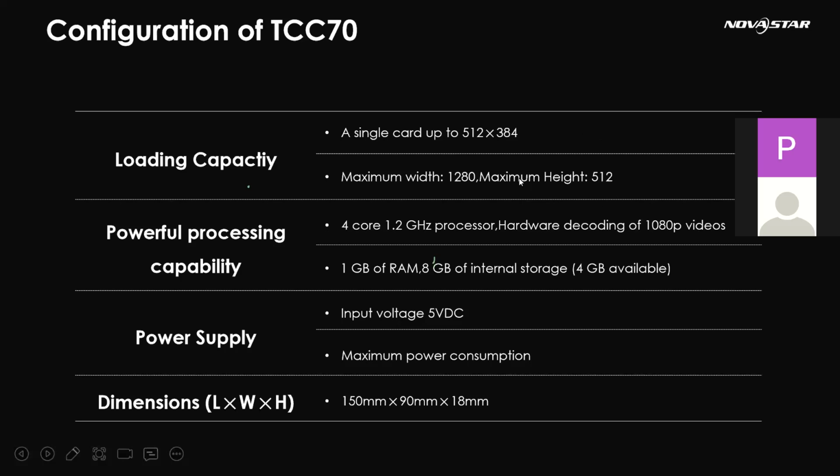It can support 512. What about the processor? Well, I think this powerful processor is more than enough for the small screen. It can support a 4-core 1.2 GHz processor, and the hardware decoding can be up to 1080p videos. And also it can support 1 GB of RAM, 8 GB of internal storage.